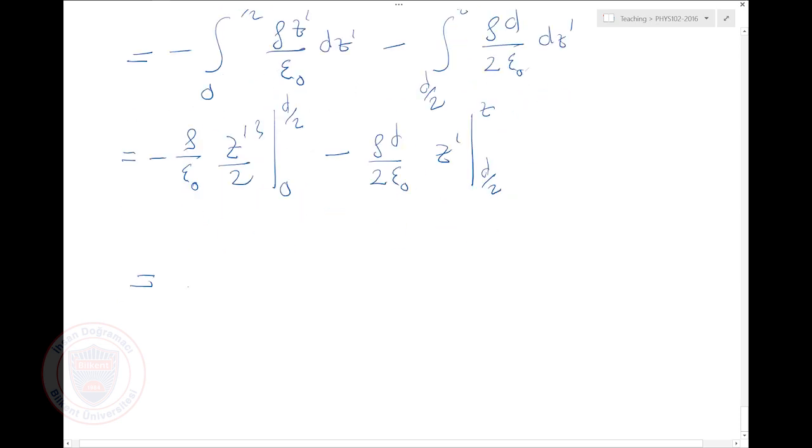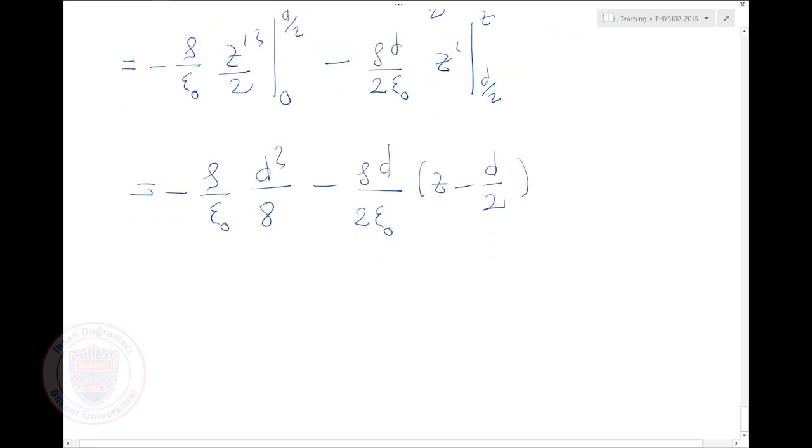So minus rho over epsilon 0 d squared over 8, minus rho d over 2 epsilon 0 times z minus d over 2.